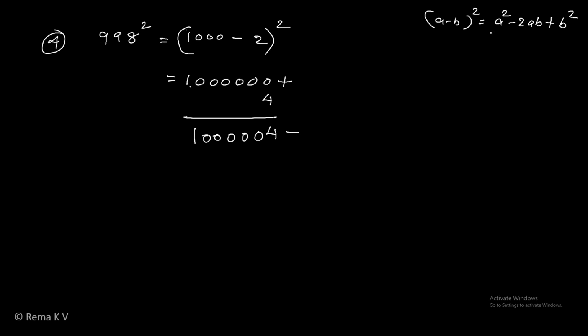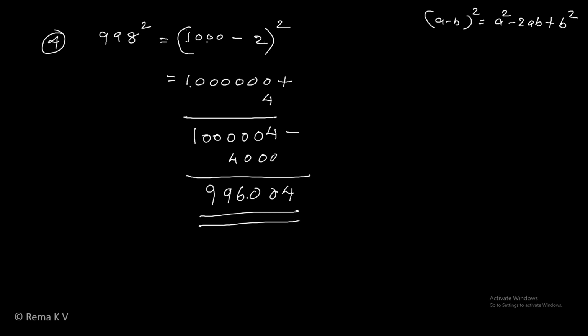Then minus 2AB. 2AB is 2 into 1000, 2000 into 2, it is 4000. Have to subtract this. So the answer is 9,96,004.